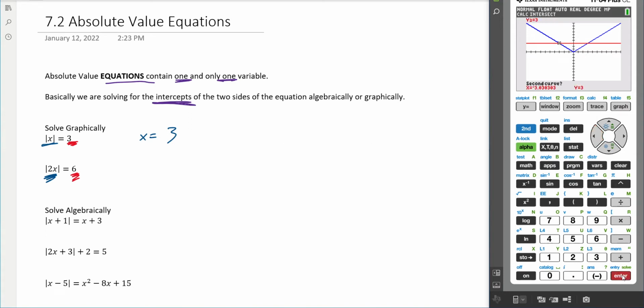Enter, enter, enter, and we'll notice that x is also negative 3. So it's positive or negative 3, which kind of makes sense. If we were to try plugging these values in, no matter what we put in for x, once you use the absolute value, it still equals 3. So you can also always verify your answers.